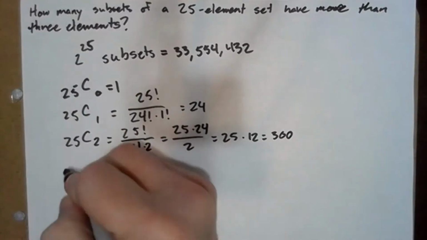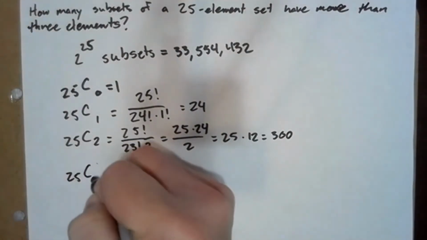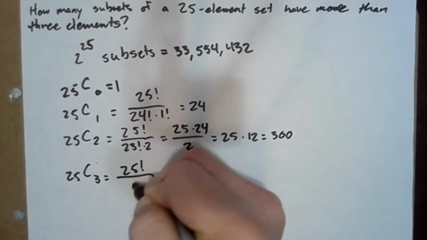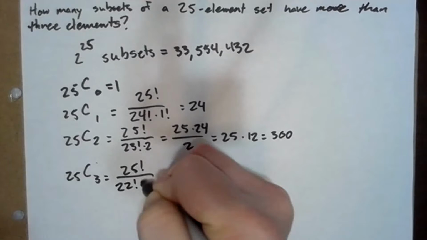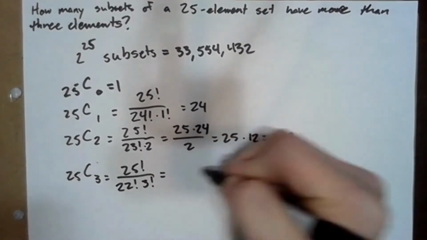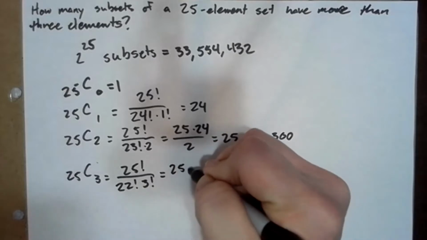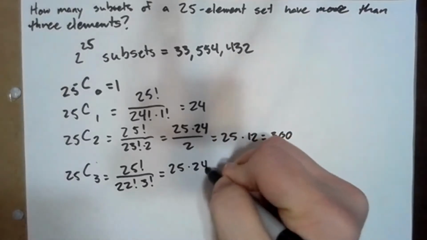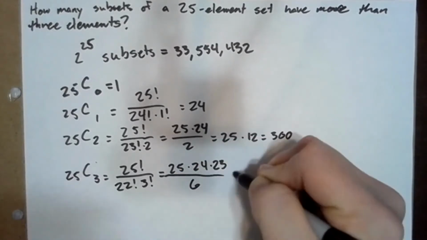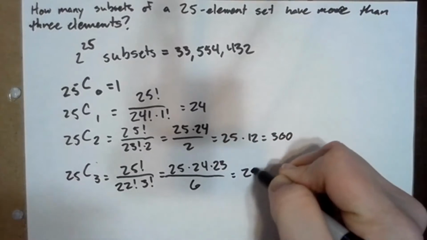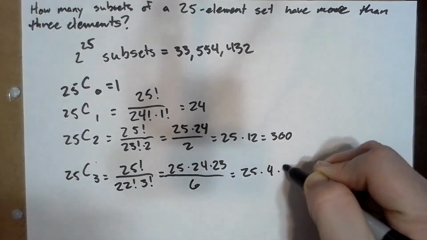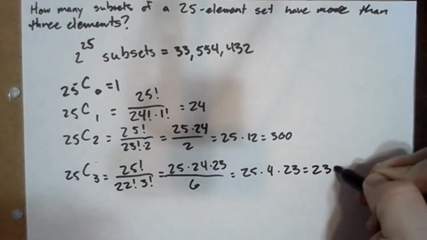And finally, we've got 25 choose 3, which is 25 factorial over 22 factorial times 3 factorial, which is, of course, 6. Well, that's going to give us 25 times 24 times 23 over 6. Okay, well, that's 25 times 4 times 23, which is 2,300.